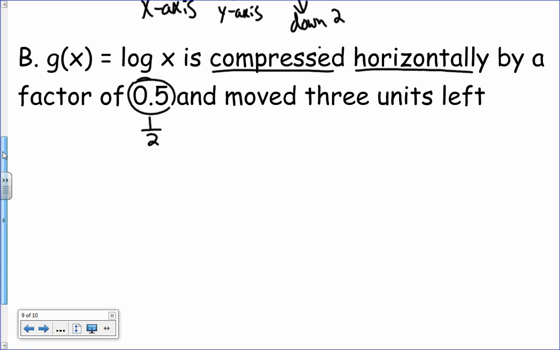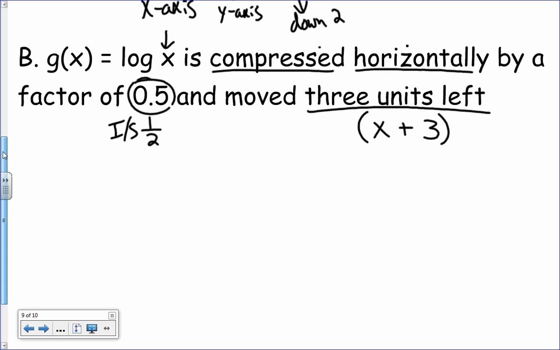When it's horizontal, it's got to go inside. So it's going to go in for this x right here. Then it says, and move 3 units left. Now, 3 units left means on the inside, you need x plus 3. So I got a bunch of things going on that are going inside.